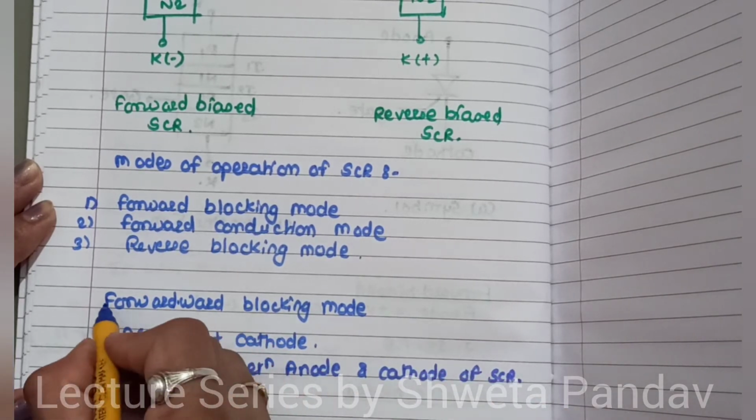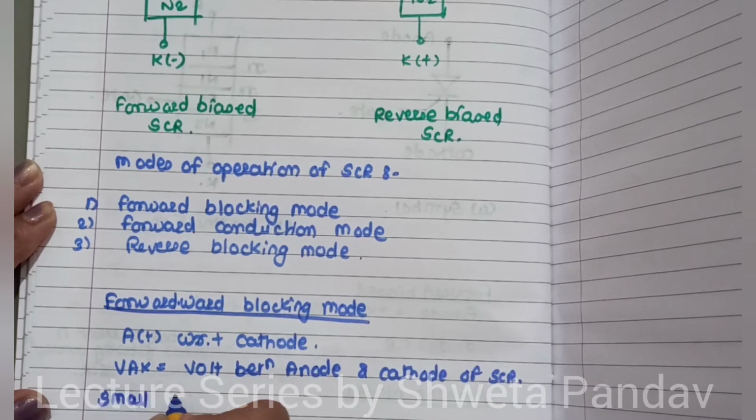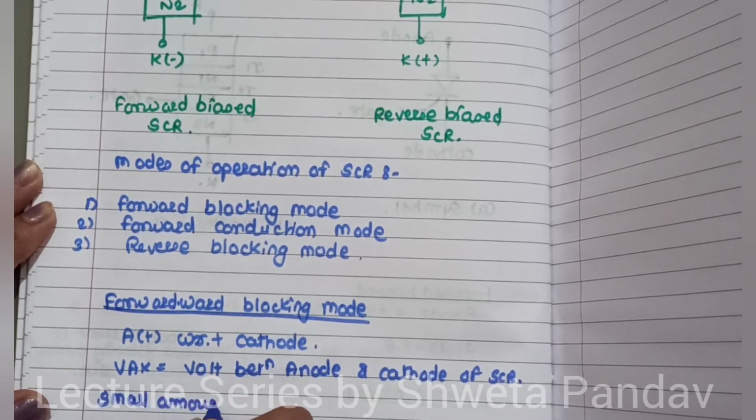In forward blocking mode, due to this condition, a small amount of current flows across the SCR.